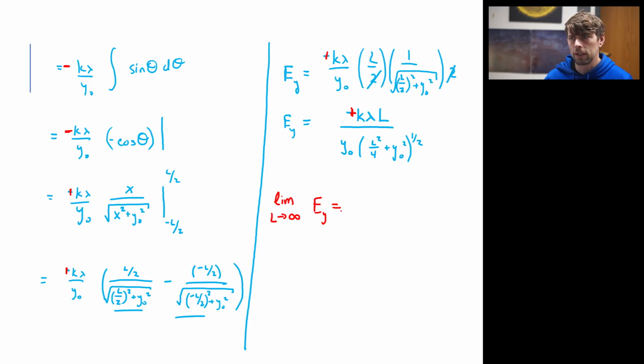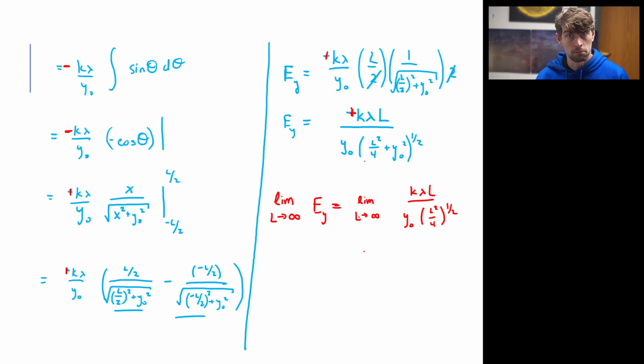If L goes to infinity, then you can look at this and you say, well, L squared over 4 is much larger than y naught. And so we can basically ignore the y naught. So you get the limit as L goes to infinity of k lambda L, all divided by y naught, L squared over 4 square rooted.